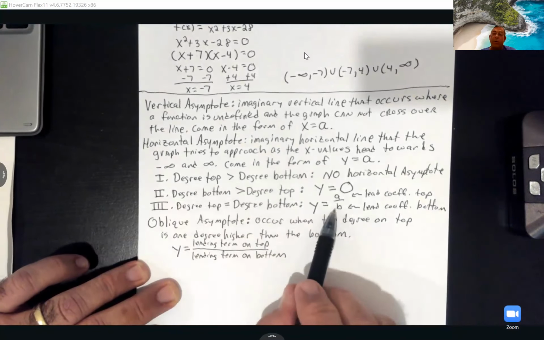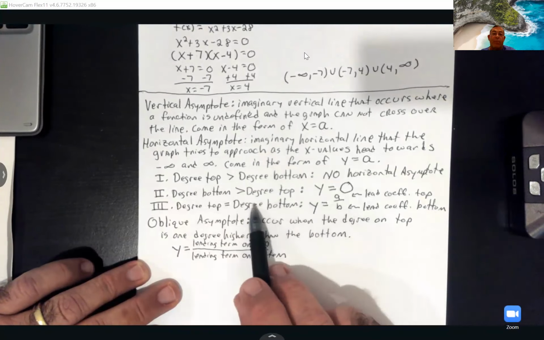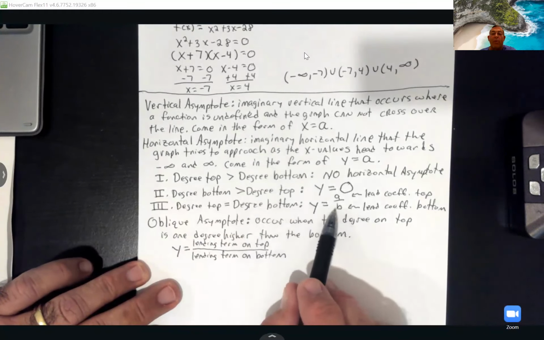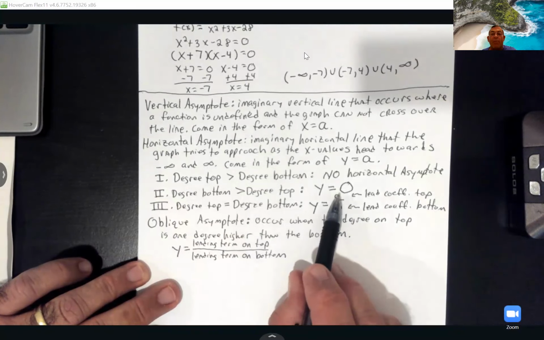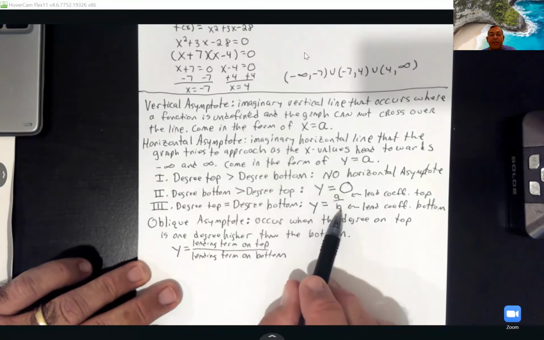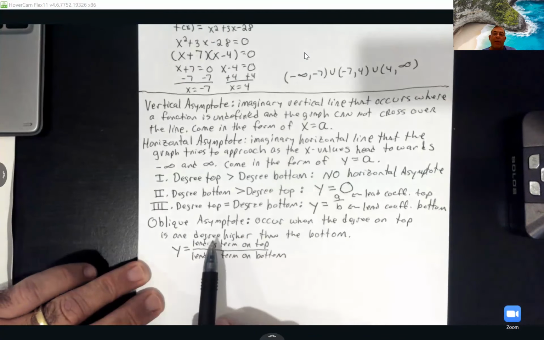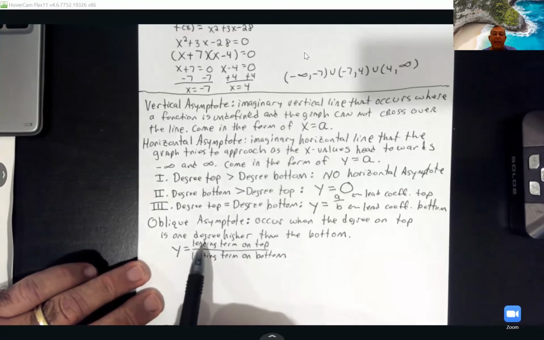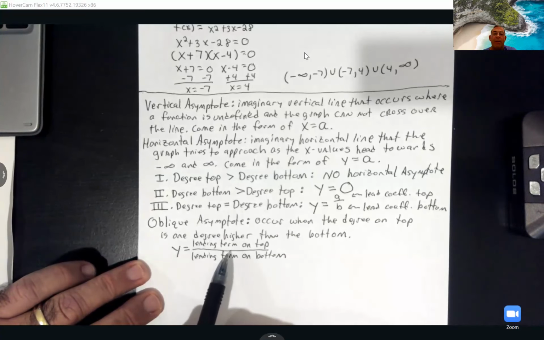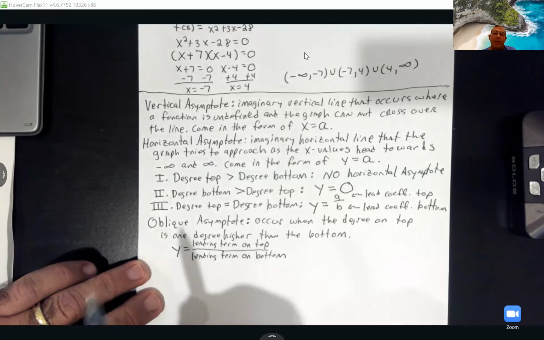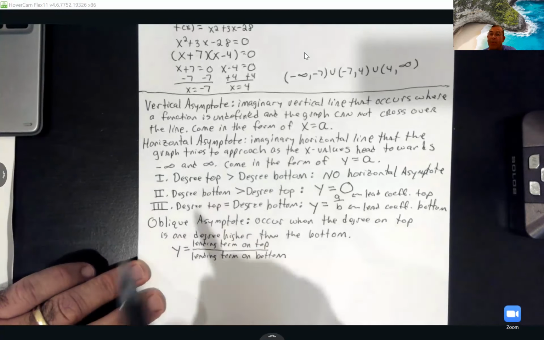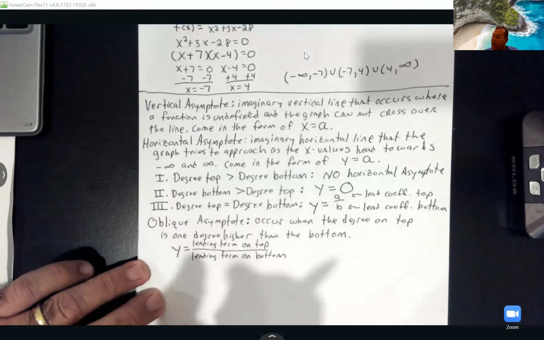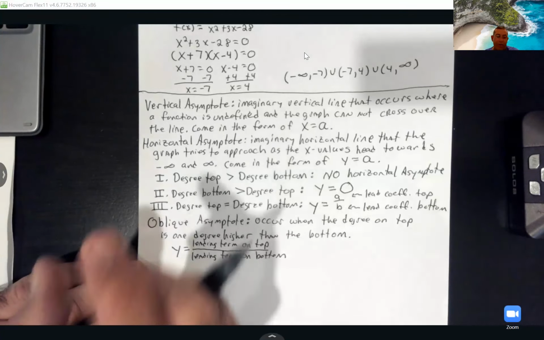So notice for my horizontal, in this case, when the top was equal to the bottom, we looked at the fraction that was formed by the lead coefficients. Y'all, when the top is 1 degree higher than the bottom, we're looking at the leading term on top and the leading term on bottom. So the leading term will consist of the number and the variable and the exponent. It'll be that whole term there, okay?